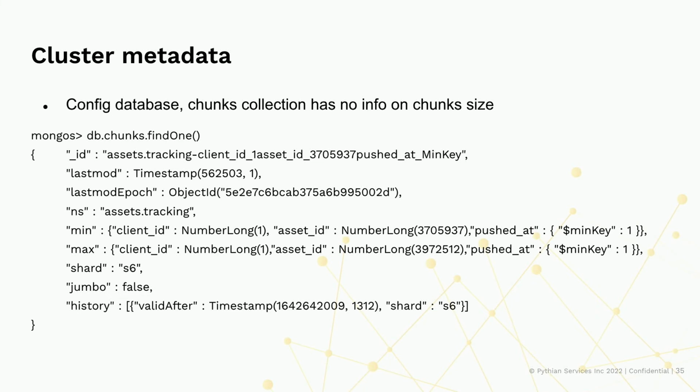If you look at the config database chunks collection, there is no information about how much data exists in that chunk. It's just information about the min key and the max key, and that's basically everything.